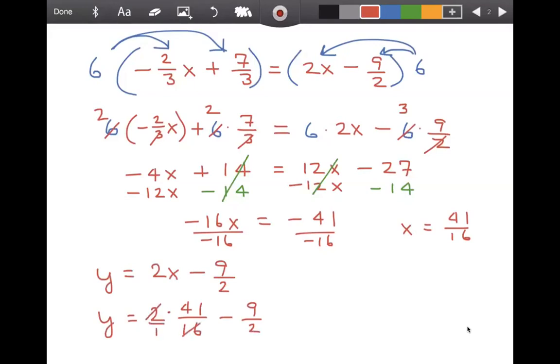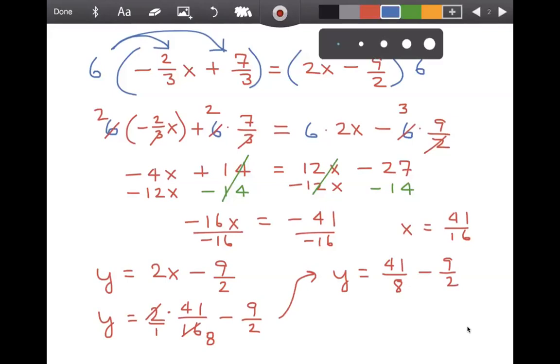2 goes into 16 8 times. So y equals 41 over 8 minus 9/2. I need a common denominator, which would be 8. So I'll multiply the top and the bottom of this one by 4.